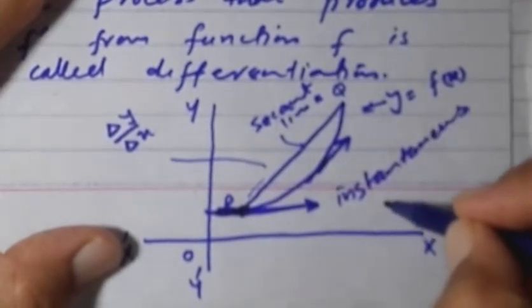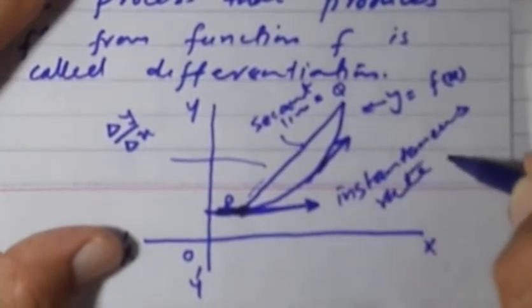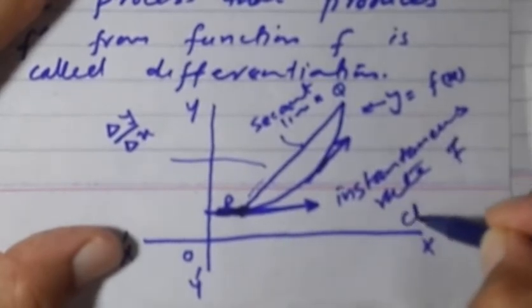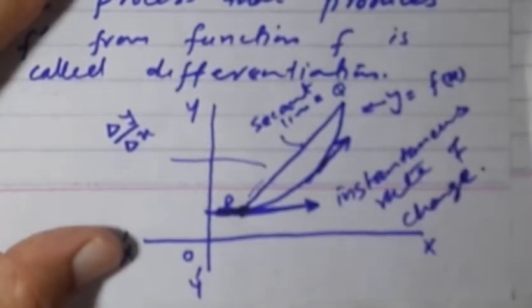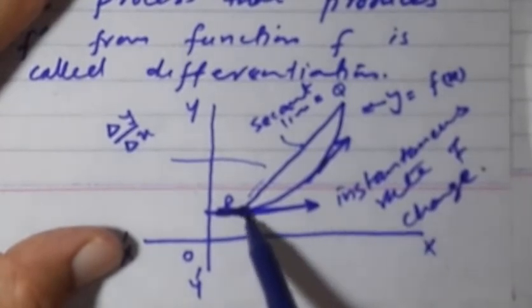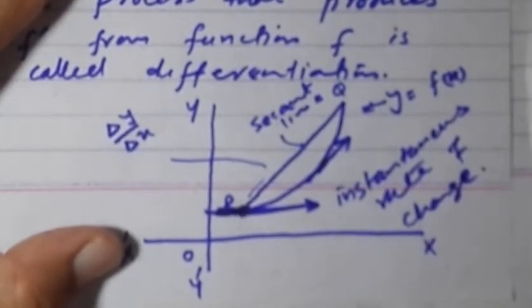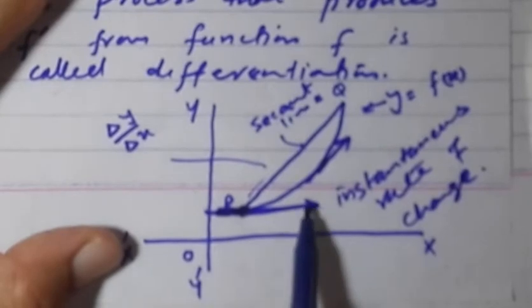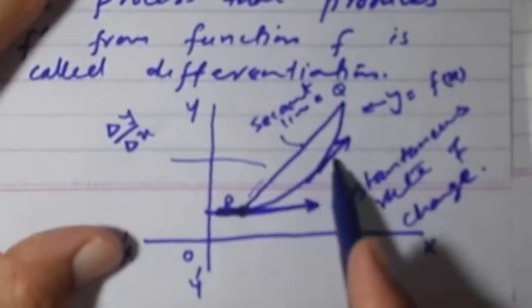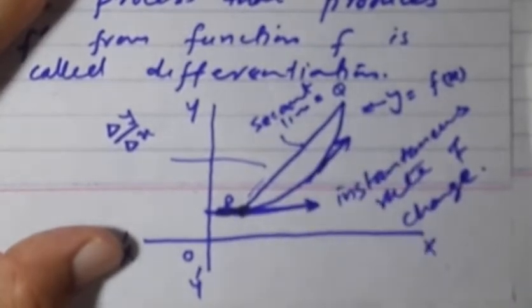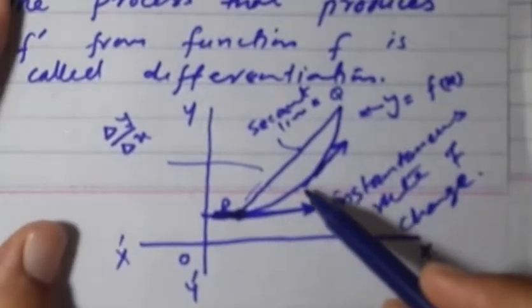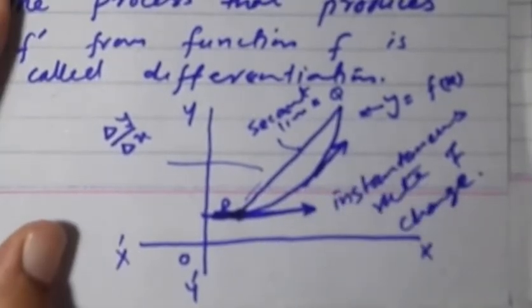Instantaneous rate of change of a function represents the slope of this tangent line. It gives the exact rate of change. So I think this topic is clear now for you.